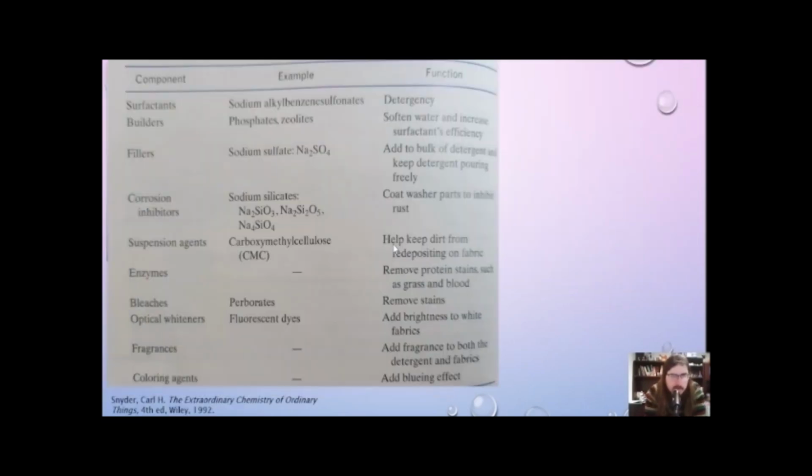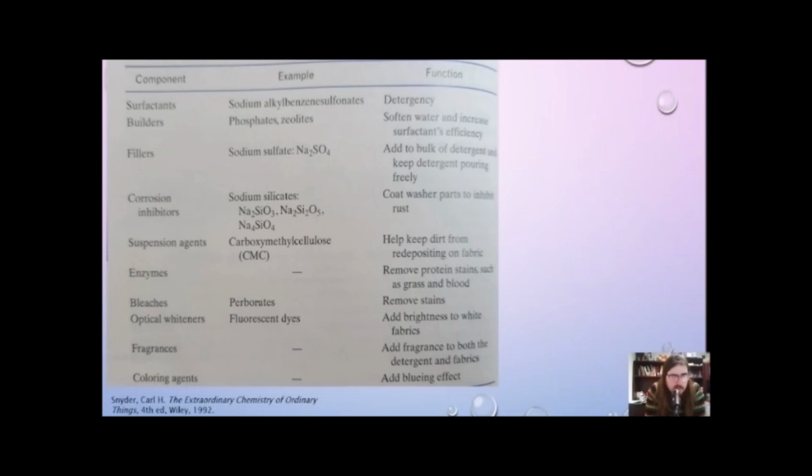Now, we'll finish up real quick with what is actually in a box of detergent. So if you're getting a synthetic detergent, the number one ingredient is our surfactant, or some sort of detergent of one kind or another, like sodium alkyl benzene sulfonate. Now, the anionic detergent is all well and good, but we're slowly moving towards more non-ionic detergents because, as we'll see in a minute, we need a lot less builders.